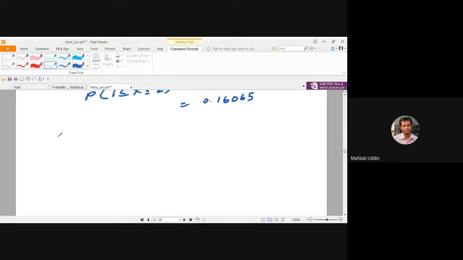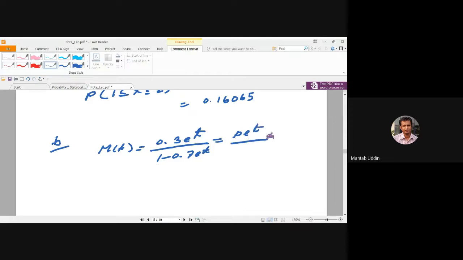Now B. The moment generating function is given as 0.3 e to the power t over 1 minus 0.7 e to the power t. This is exactly like p e to the power t by 1 minus q e to the power t. Can you remember? So geometric distribution. Very good.